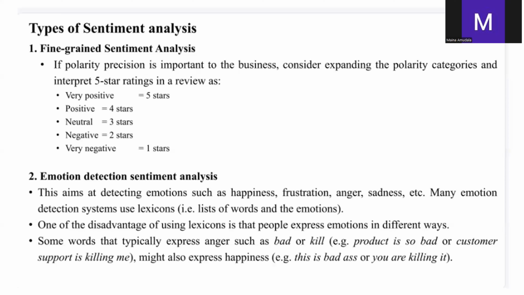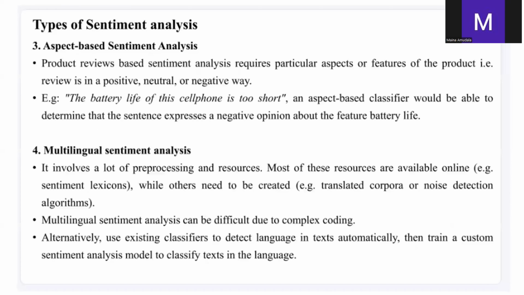Some words that typically express anger, such as bad or kill, as in 'the product is so bad' or 'customer support is killing me', might also express happiness, as in 'this is bad as' or 'you're killing it'.